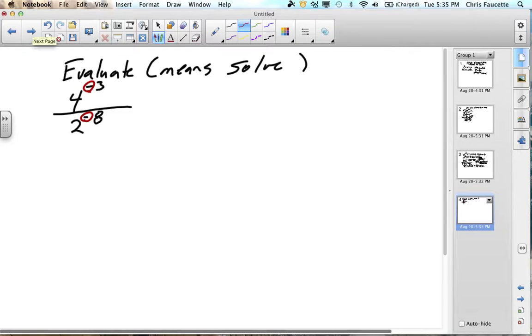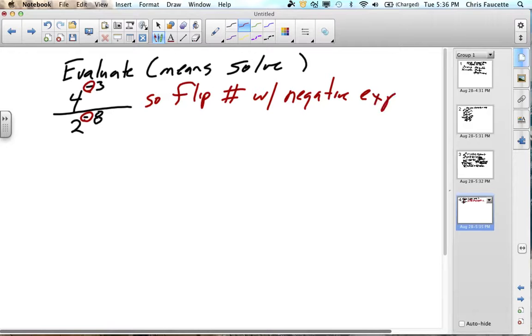We got two negatives. Go back, look at what I did before. Negatives means reciprocals. So, flip numbers with negative exponents. In this case, it's both of them.